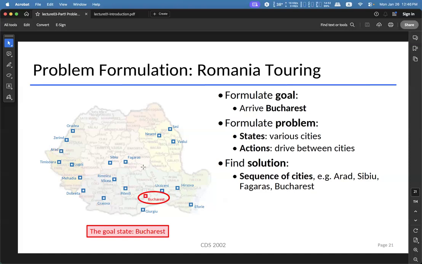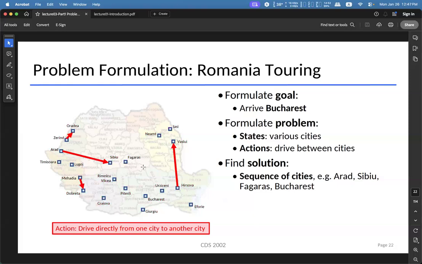We have figured out the state already. The next thing is we need to figure out how to transit from one state to another. The action of transiting is driving from one city to another through the highway.